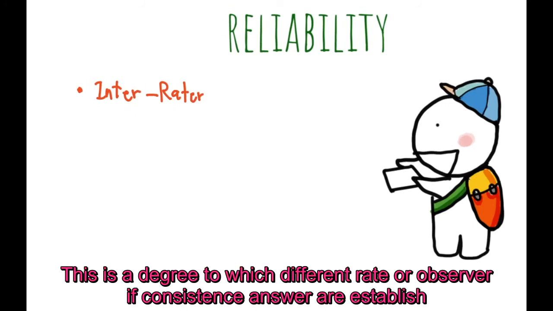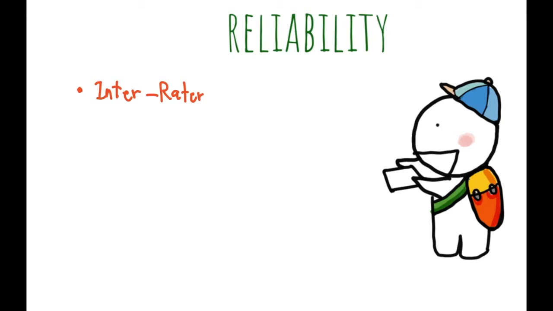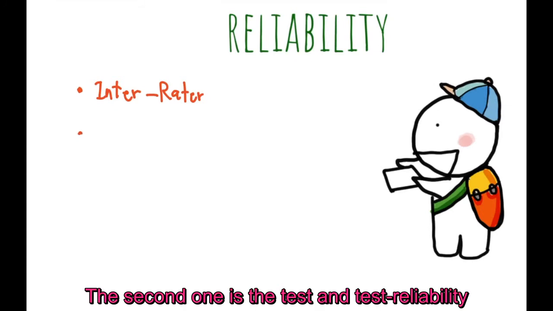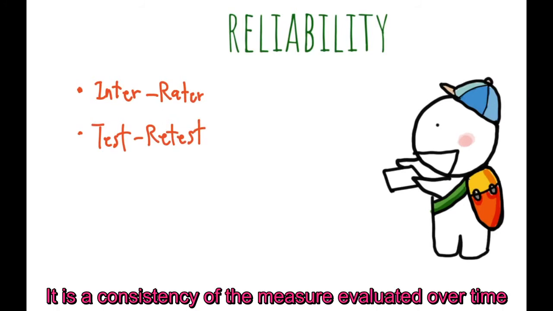This is the degree to which different raters or observers give consistent answers or estimates. The second one is test-retest reliability. It is the consistency of a measure evaluated over time.